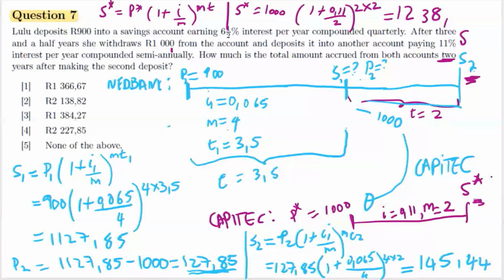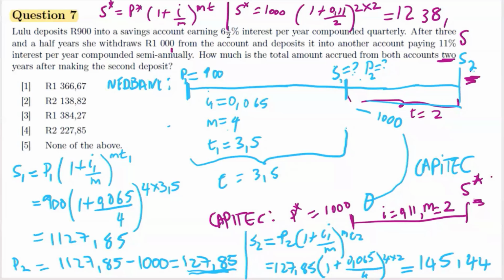At Nedbank, your accumulated amount is S2, because the 1127 you've already taken into consideration, then you subtracted the 1000, then you had P2 which was 127, and then you invested that amount further for 2 years. Then you had a final amount in that account. If you get the balance, your statement is going to read 145 in Nedbank.